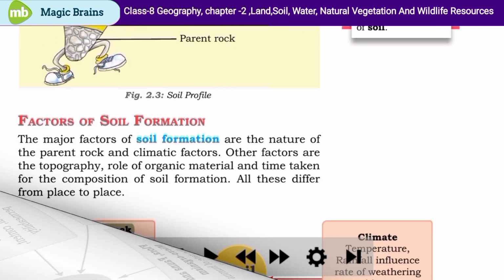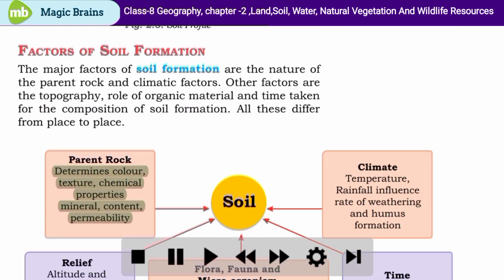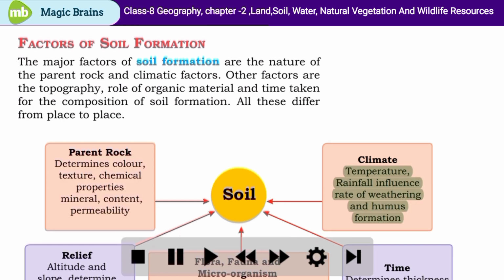First is parent rock, which determines color, texture, chemical properties, mineral content, permeability. Second, climate: temperature and rainfall influence the rate of weathering and humus formation.